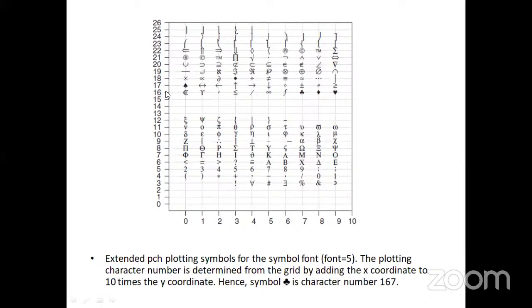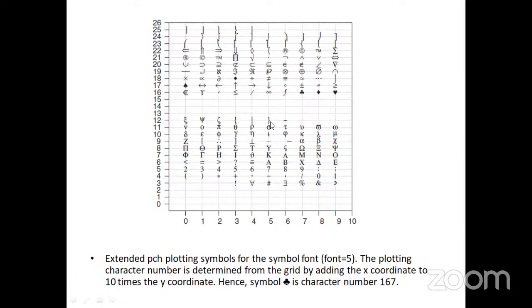Like this, if you give the character. If I say 158, there is no character. It will not come, it is blank. If it is 201, it will be this character like that.